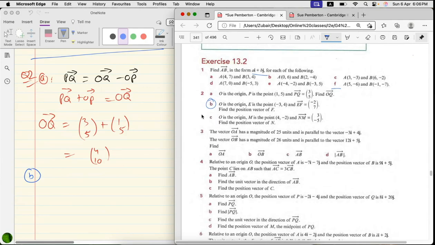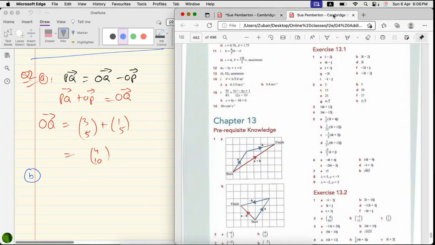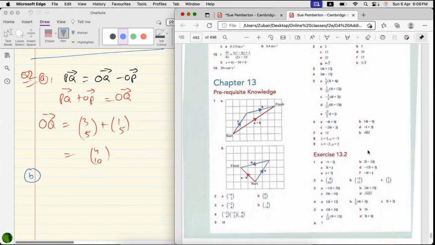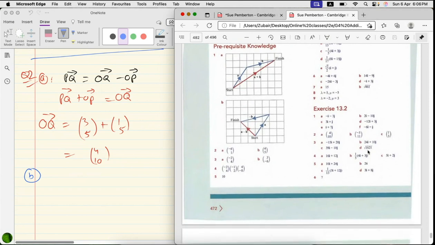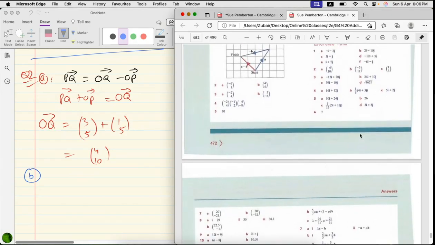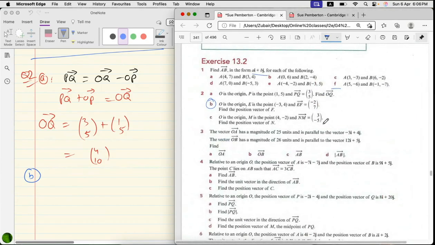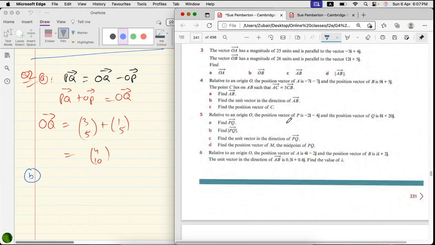I'm getting negative 5 over 11. What are you getting? Negative 5, 11. Yep, that's right. Negative 5, 11 is correct. I'm skipping the C part, that's the same type.